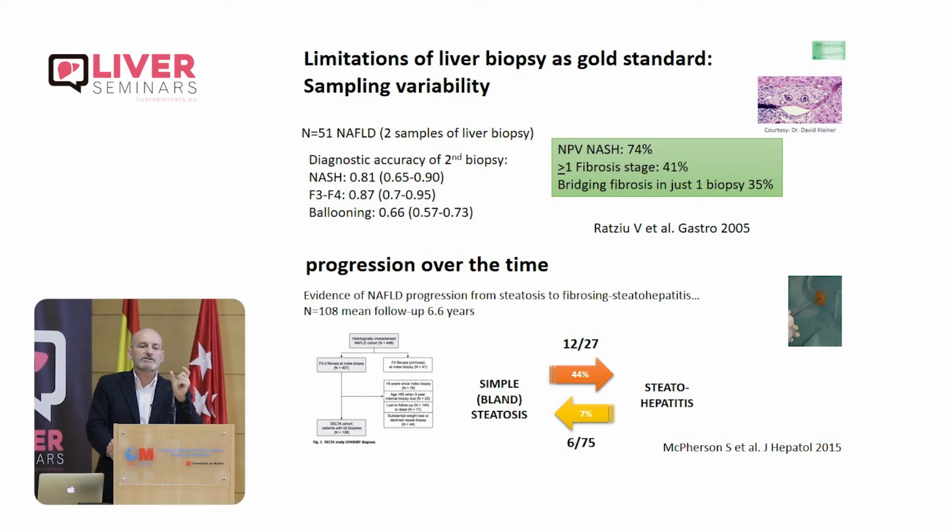You can diagnose advanced fibrosis in a patient if you take the liver biopsy in the right lobe, or if you take it in the left lobe, you cannot detect advanced fibrosis.